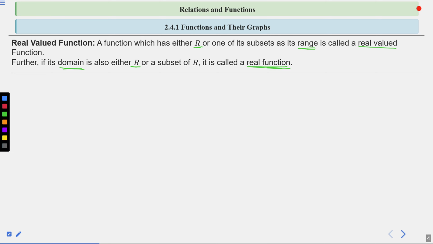Anybody having any doubt in trigonometry will be answered when we are going to learn about trigonometry. For now, focus on this chapter. So, okay, moving to next.